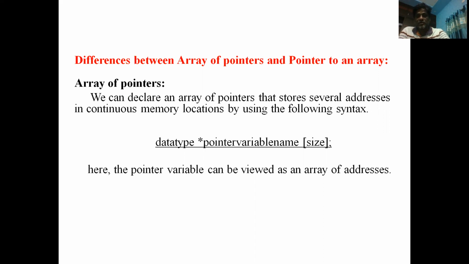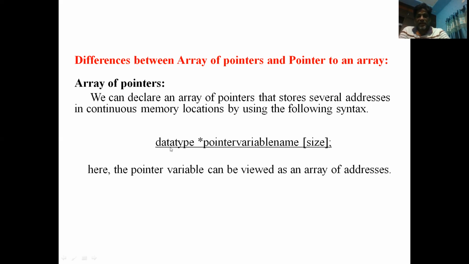We know that a pointer is capable of storing the address of a general variable. Therefore, if you want, you can create an array of pointers that can store several addresses in continuous memory locations.